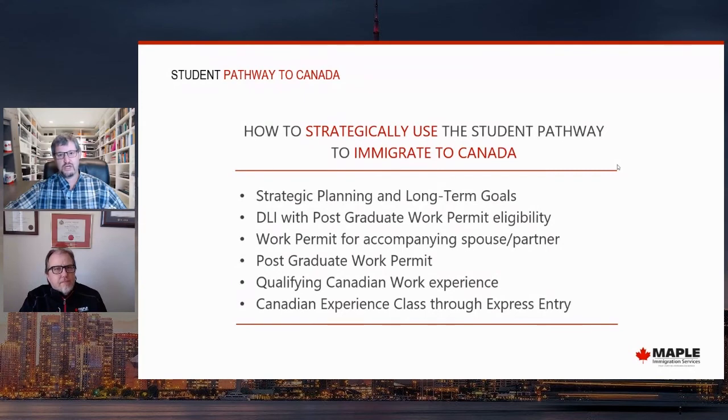The number one reason that people do not succeed in their immigration goals in Canada is because they have no plan. The number one reason why people don't succeed in life is because they don't have a plan. It's the same thing with immigration. So, strategic planning and long-term goals.